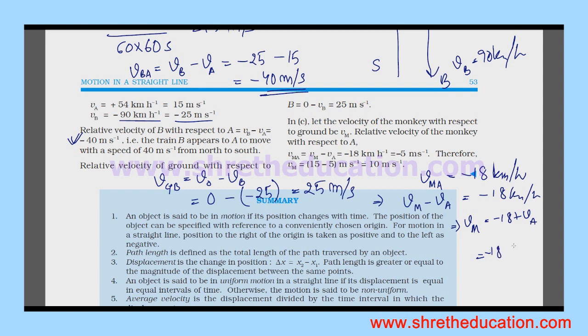The speed 18 km per hour is minus 5 meter per second.